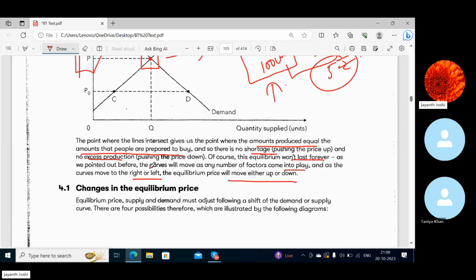More factors have influence and impact, the curves will move, right? We already saw that there is a shift in the curve only due to factors other than price. If there is a change in price, there can be a movement along the curve, but a shift in the curve is only going to happen due to changes in other factors, not price.